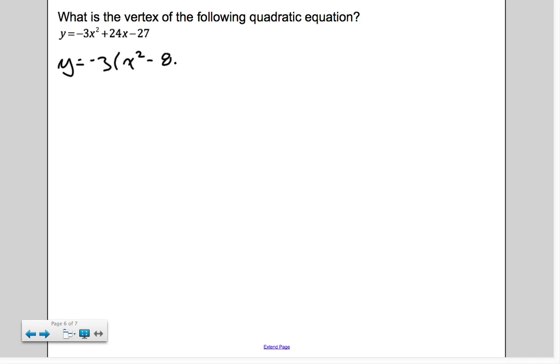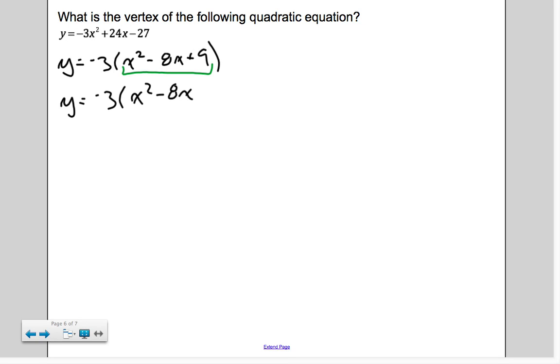So minus 8x plus 9, right? So basically, once we got this factored out, we got x squared. I'm just dealing with this equation here and trying to get a perfect square trinomial out of that. Right, so I get y is equal to -3, so x squared minus 8x.